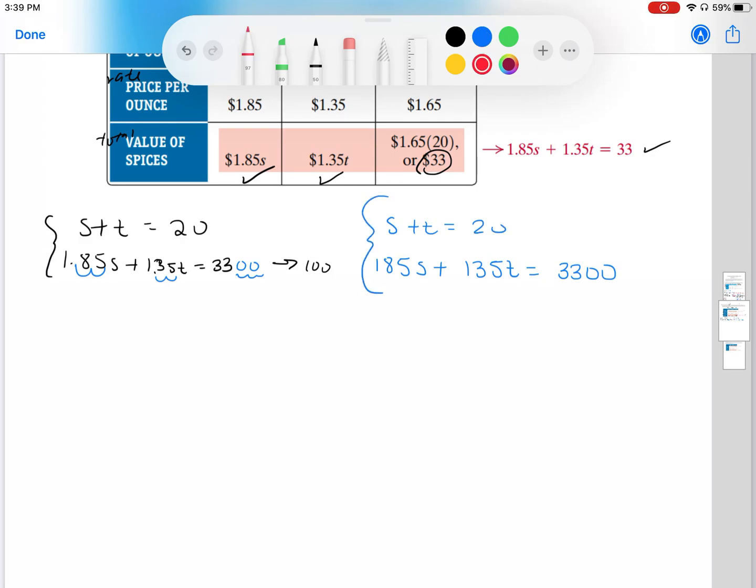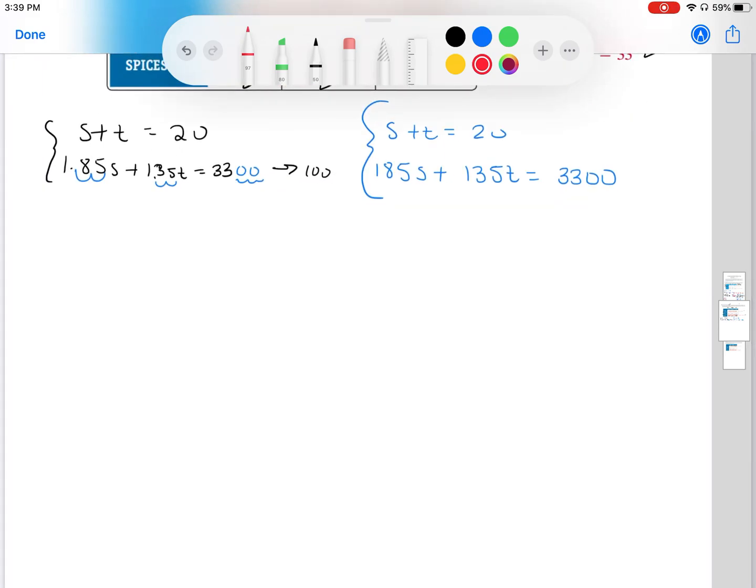Okay, let's go ahead and solve. I'm going to use substitution again. So let's solve for s in that first equation. I have s plus t is equal to 20. If I want to get s by itself, I subtract t. S is equal to 20 minus t.